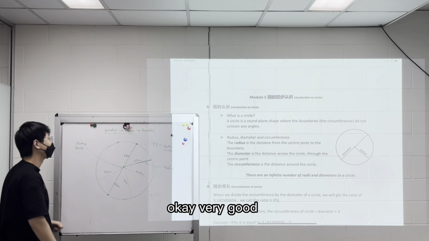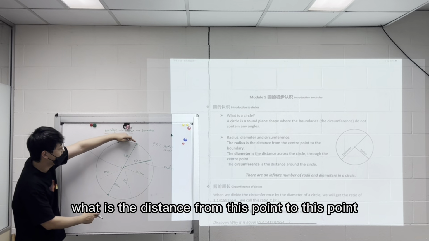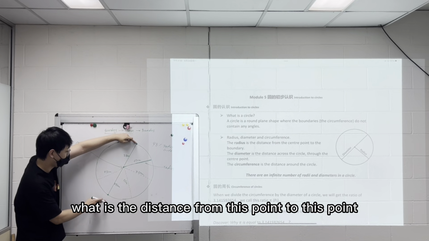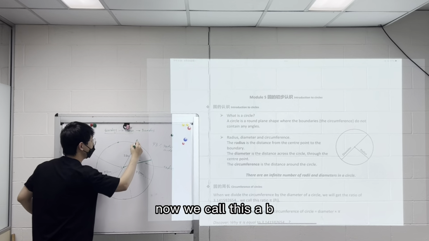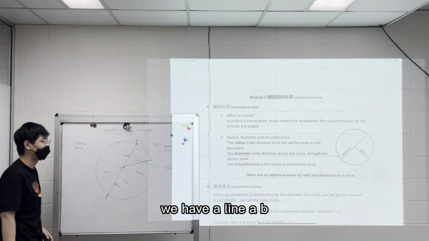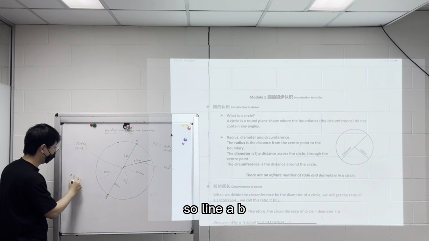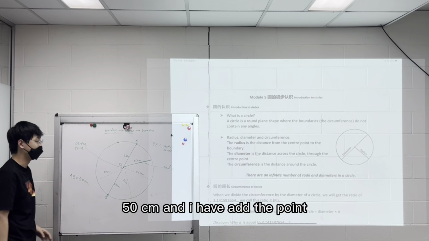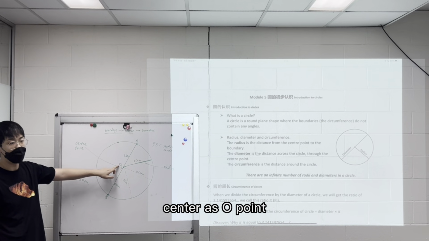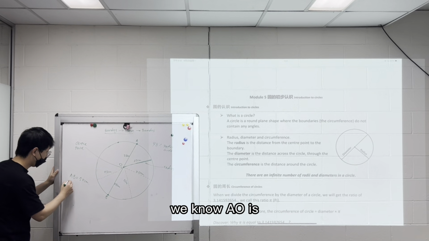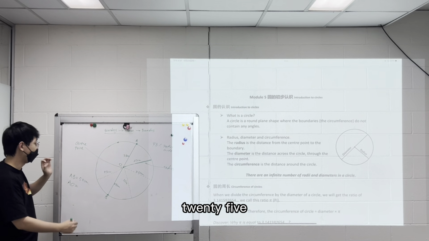Okay, very good. Now, we know it is a straight line. What is the distance from this point to this point? 50. Now we call this AB. We have a line AB, so line AB is 50 centimeters. And I have the center point as point O. We know AO is 25.